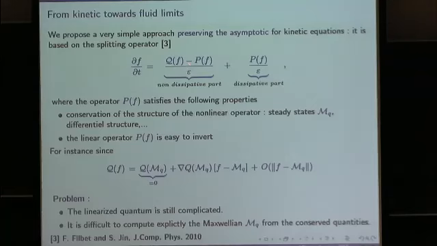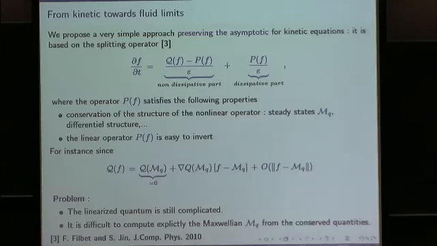So the idea is just to split the collisional operator in two parts, where you introduce a new operator, P of f, that will be defined later, such that Q minus P is a non-dissipative operator, whereas P of f is a dissipative part.